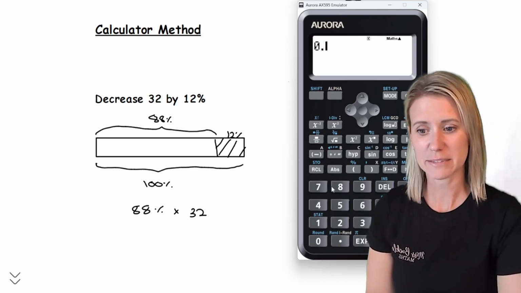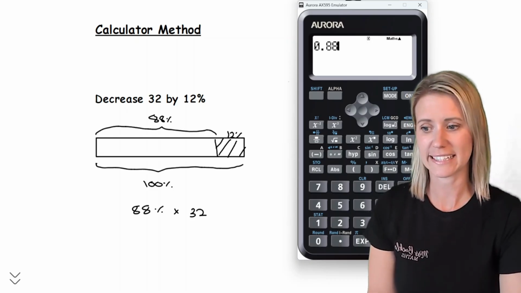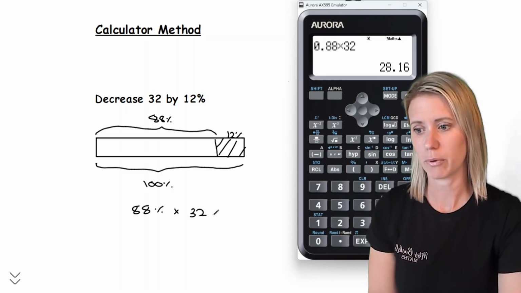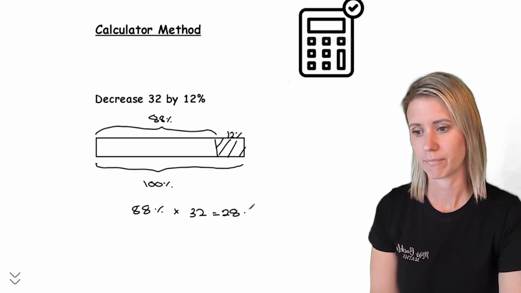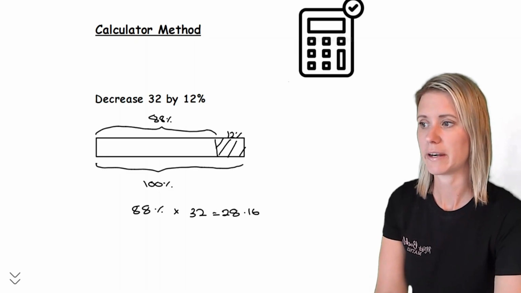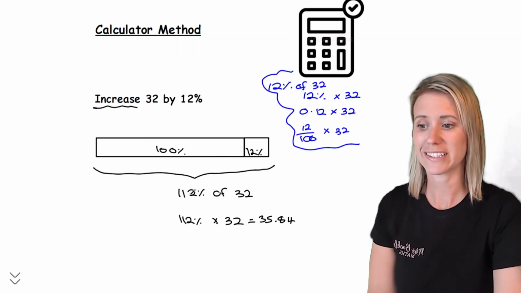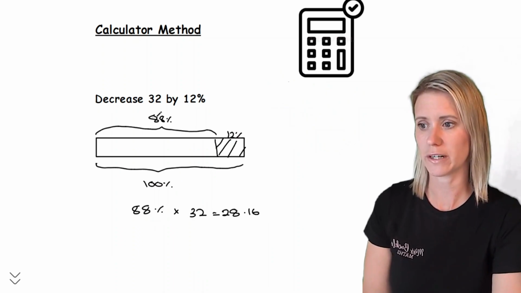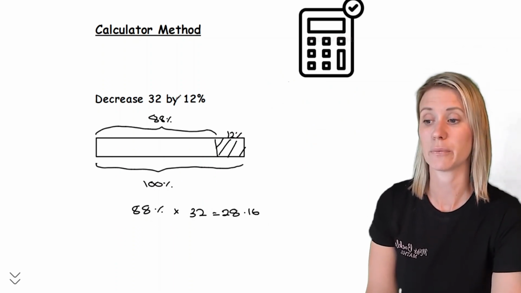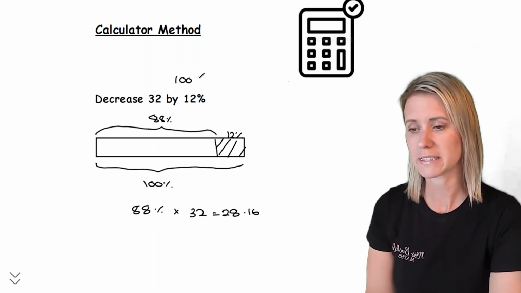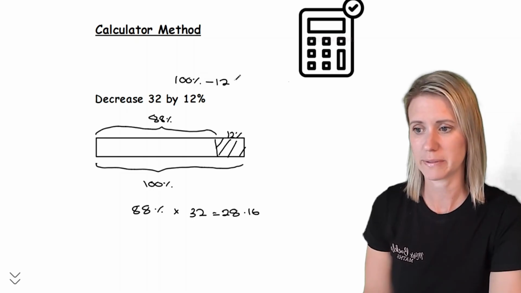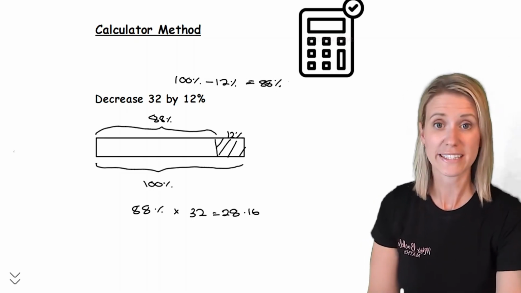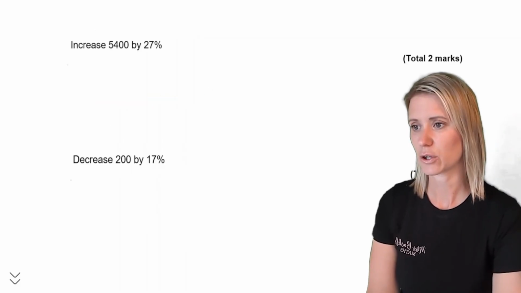I'm going to do it as a decimal this time. 88% is 0.88, and multiplying it by 32 gives us 28.16. So just to be clear, when you're finding a percentage increase, we add it on to that 100%, in this case to get 112, but now we've decreased it, so we've subtracted it. We've done 100% take away that 12%, leaving us with 88% to find. Okay, on to the next question then.